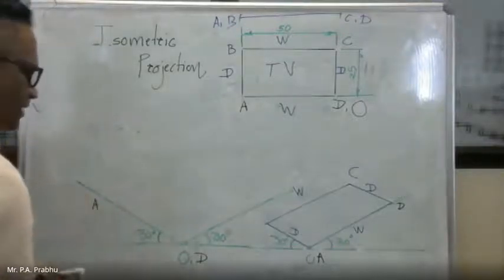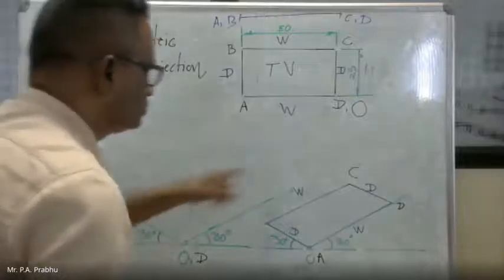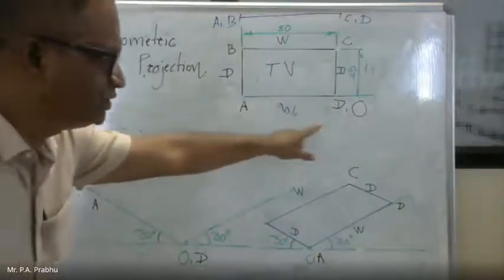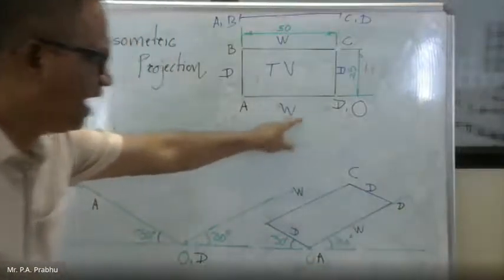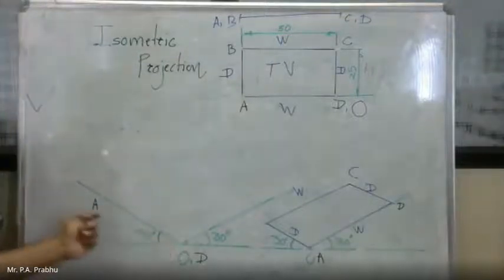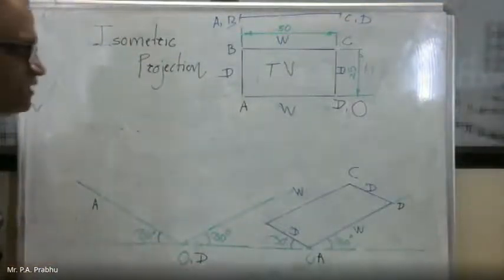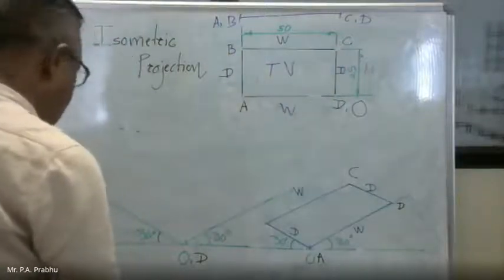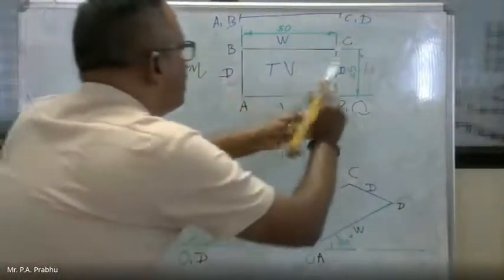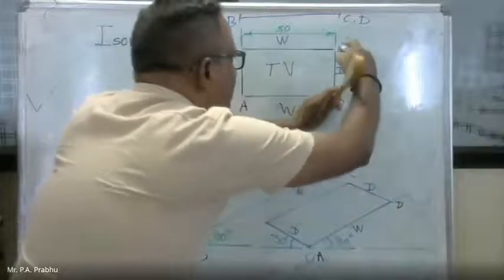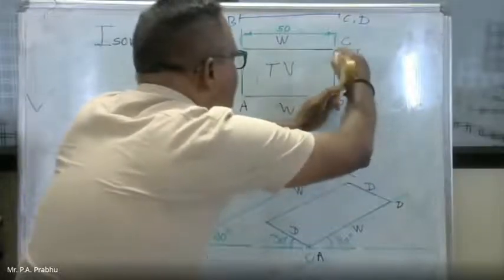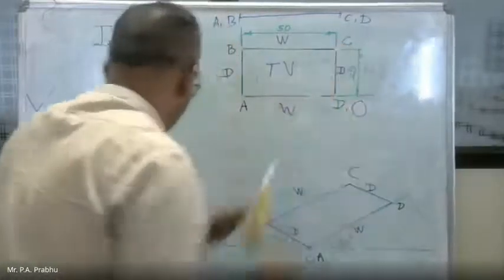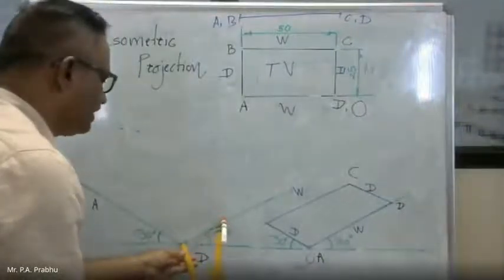So A and D. As my origin is on the right side, I have marked the width on my left side. Then which dimension is remaining? This is the depth dimension, 25 mm. Take this 25 mm and mark it on your right side.